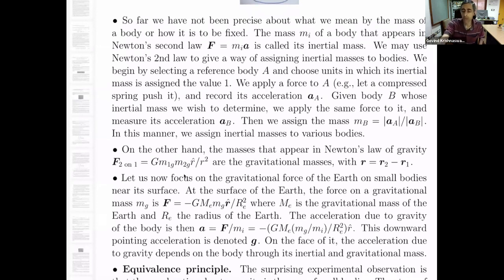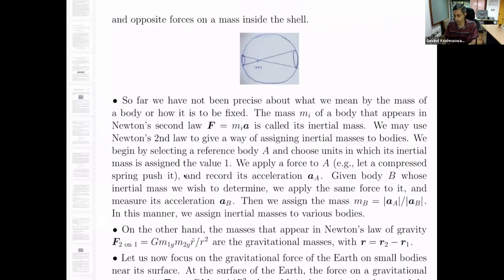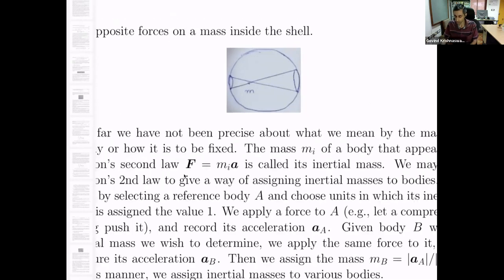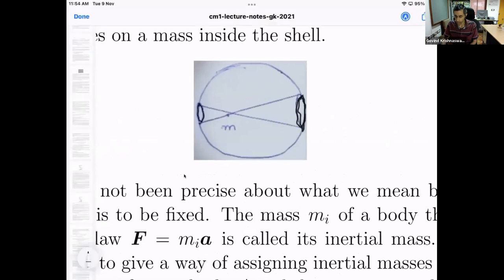So I've just given an example of showing that the force that a particle inside a uniform spherical shell feels is zero, and we gave a nice geometric argument as to how the force that different little elements of the shell exert on this mass here are equal and opposite in direction and cancel each other out.